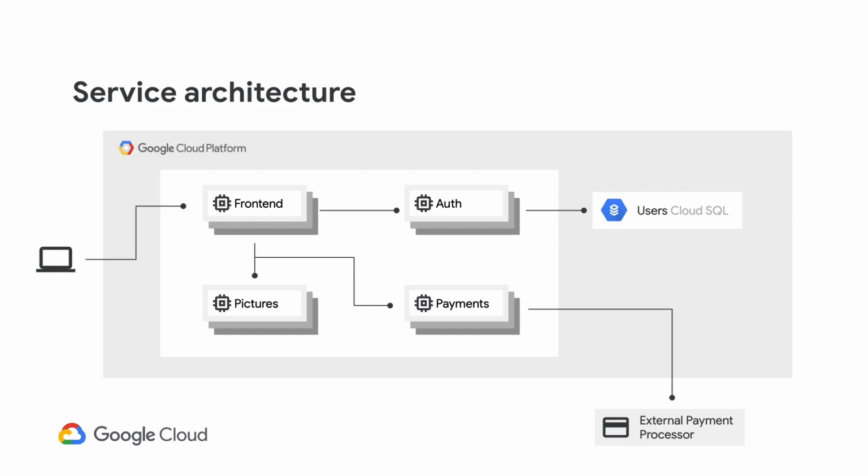We have a front-end component that all our end users connect to. Once they connect to front-end, it will authenticate those users using a Google Cloud SQL table. Front-end will also be able to fetch some pictures. So this particular service that we're running is a photo service where people can purchase photos.